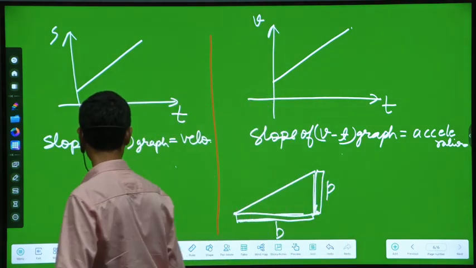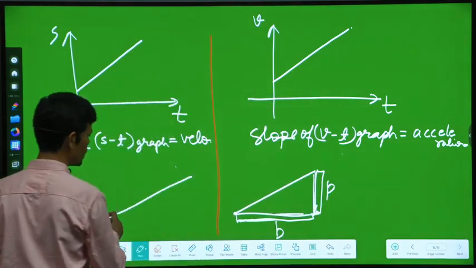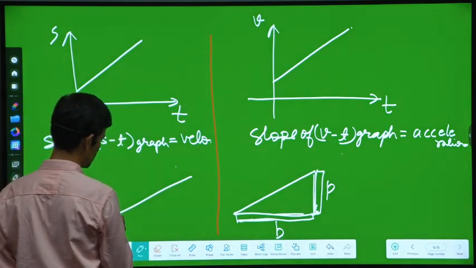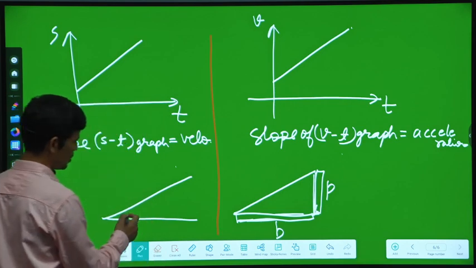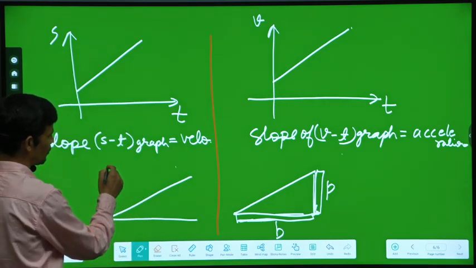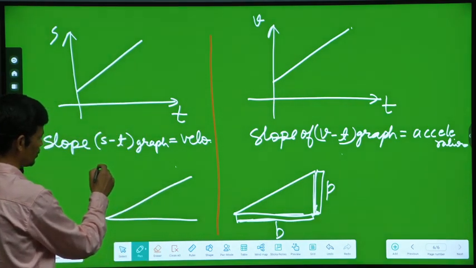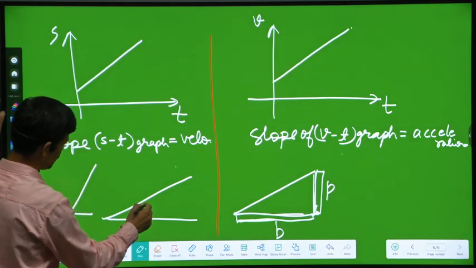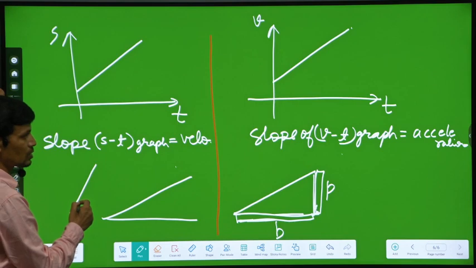You have often seen those slides in the park. For younger children, its slope is less. For elder children, its slope is more.